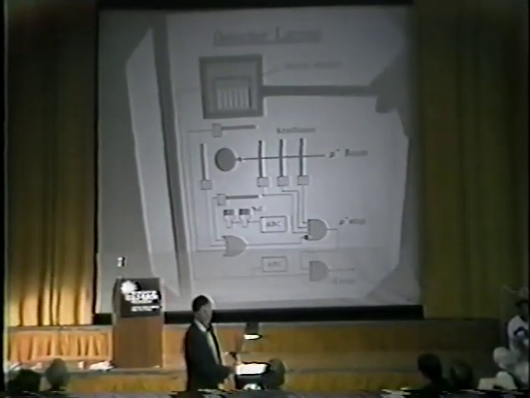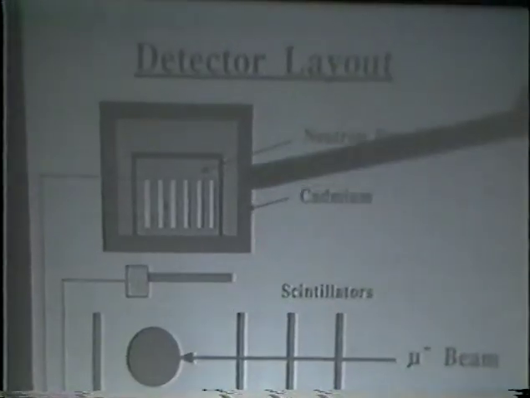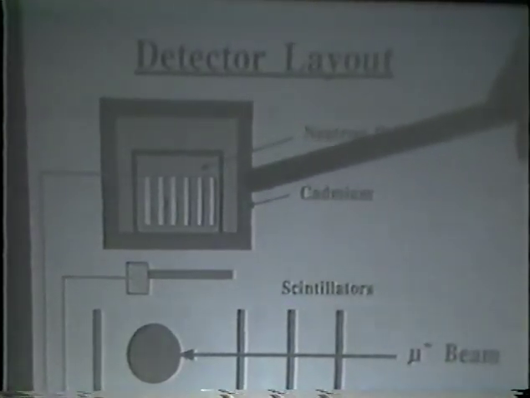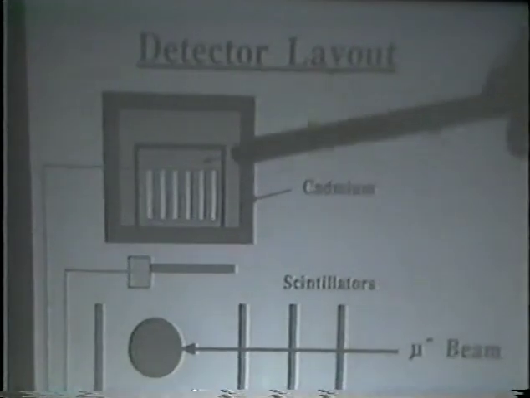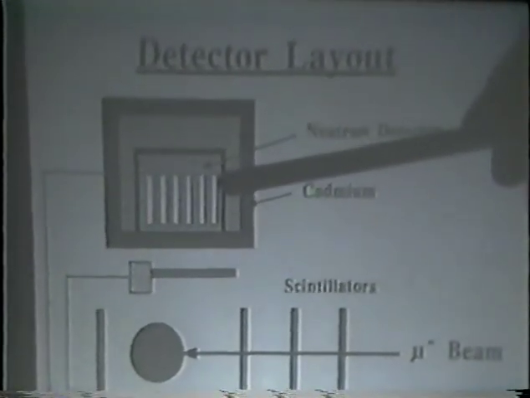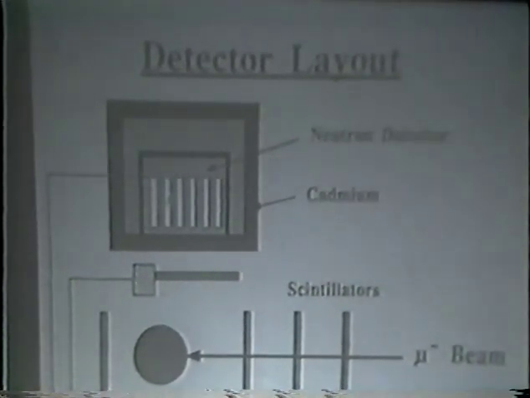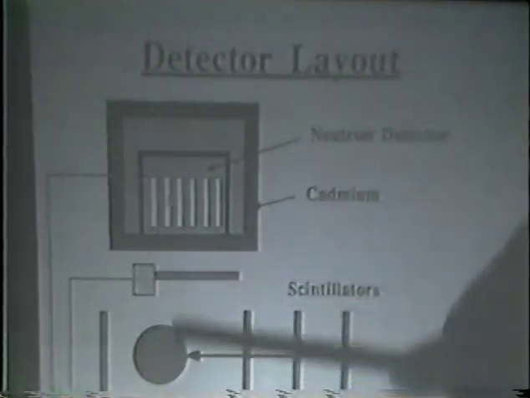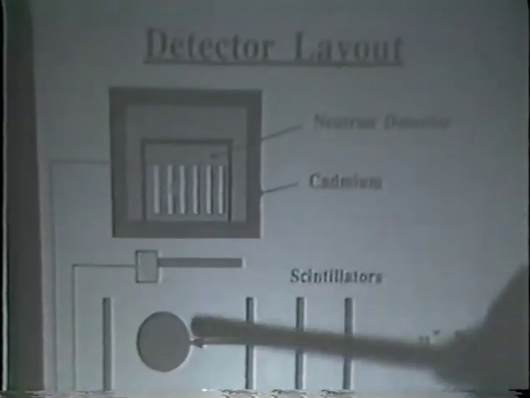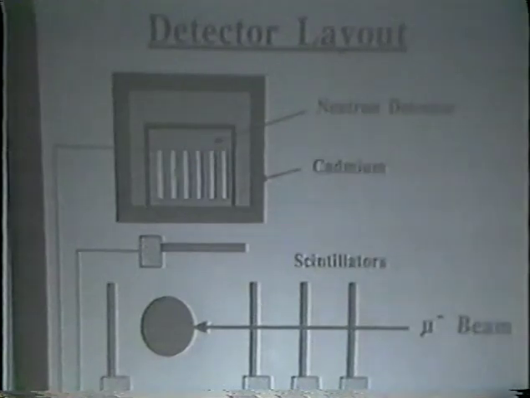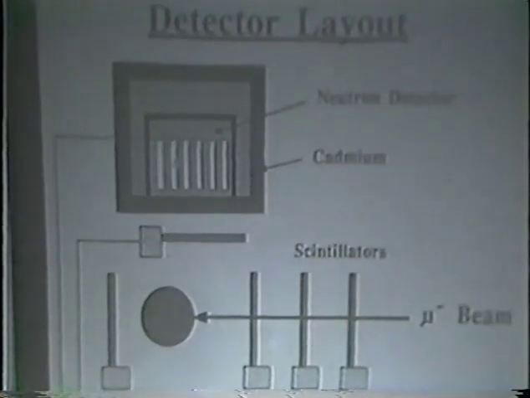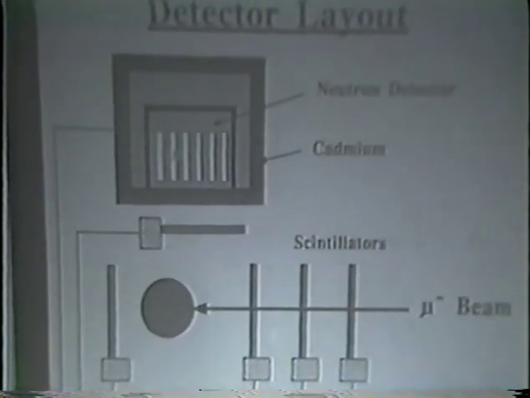Then the fast ones can go through that, if there are some, of course, which there are, a lot of them. They get slowed down in the polyethylene beads, and then there's another layer of cadmium, and then hopefully they're stopped there. On the open end here, there's only cadmium because we're looking at the fast neutrons. The slow neutrons that are drifting inside the tomb will be absorbed by the cadmium and won't affect our measurement.